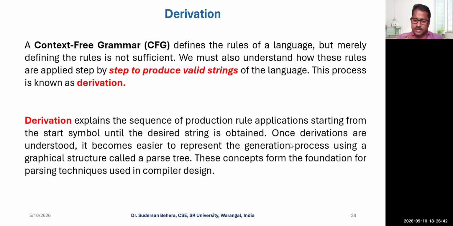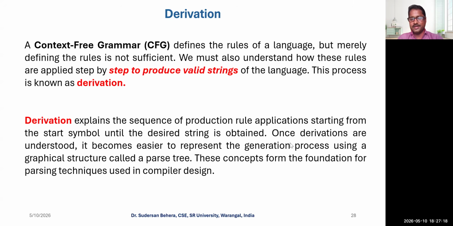These production rules are used to check the syntactical validity of a sentence. And how exactly does it happen? It happens through a particular process called derivation. Then what is derivation? The process of generating a string from a given grammar is called derivation.